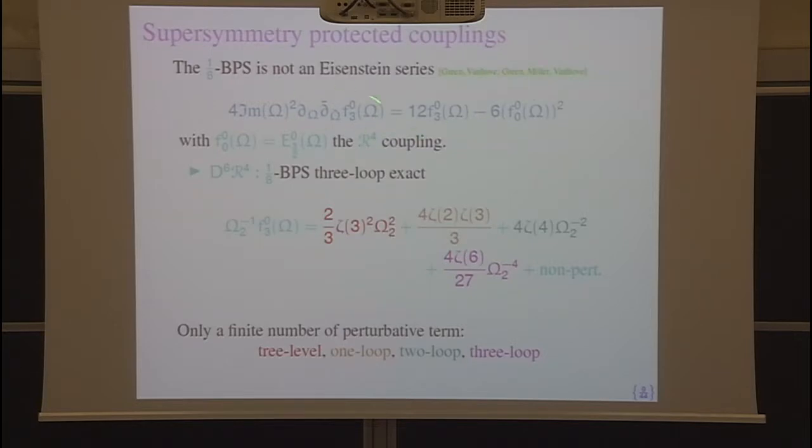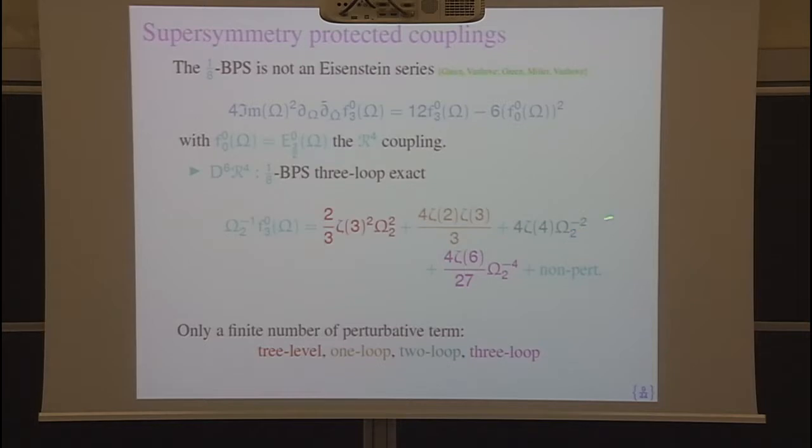This object is no longer an Eisenstein series, and you can write it using some advanced mathematics if you want. But what is important here is that you can extract the constant term, the zero Fourier mode, that means the zero charge sector, when you look at the non-perturbative contribution. So this is the tree-level term, zeta 3 squared. One loop, zeta 2 zeta 3.